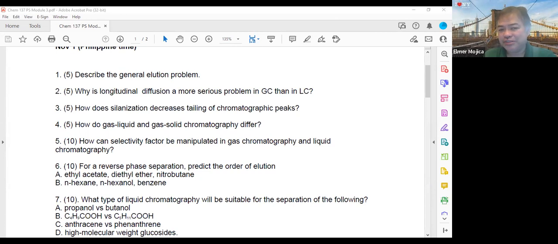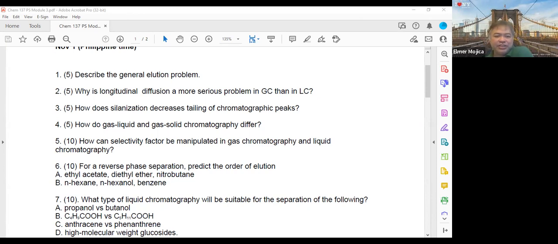Okay, OH. So what's the problem if you have an OH on your surface? It can interact with your sample.